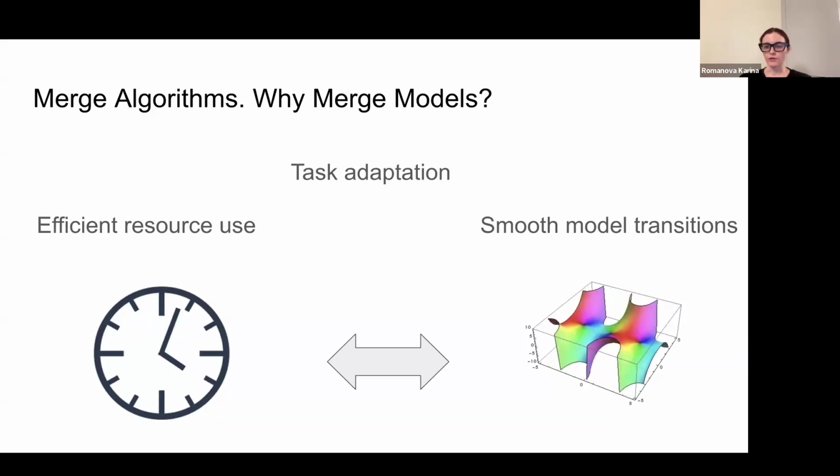Combining models allows for the reuse of existing models, reducing the need for training new models from scratch and conserving computational resources. Also, merging enables the seamless transition of models to new tasks or domains by integrating specialized knowledge from different models. And by integrating models with complementary strengths, the merged model can achieve better performance, as we said, than any individual model alone.